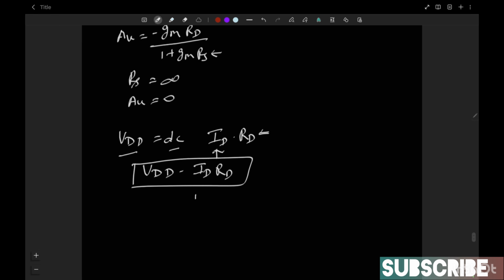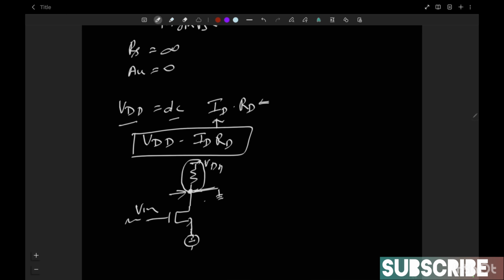So this complete node here is constant. So for small signal we can say that this becomes grounded. This ideal current source makes this terminal constant, so it will not vary with change in input voltage, because this becomes AC ground, so our gain Av will be 0. So this is the simple question.